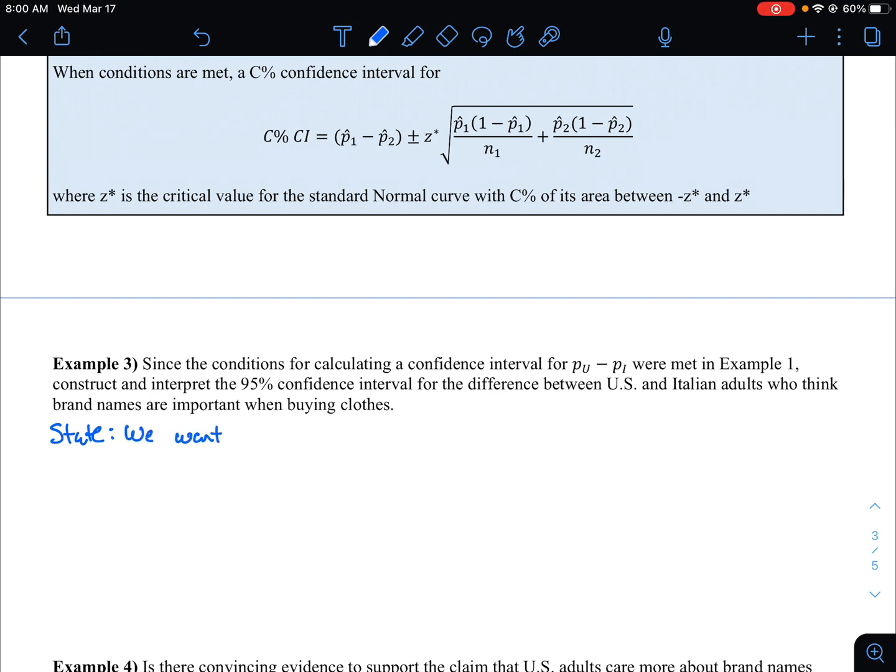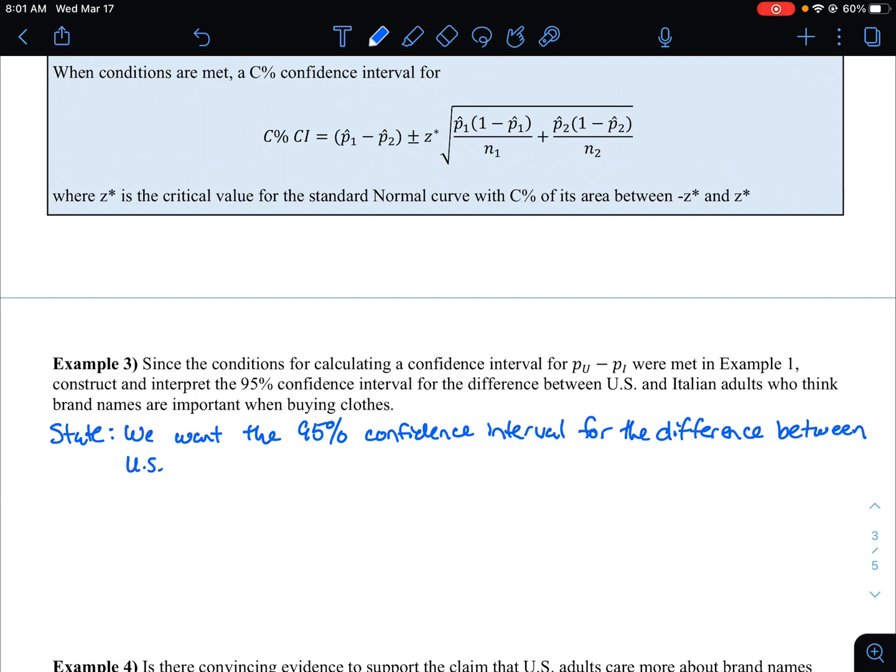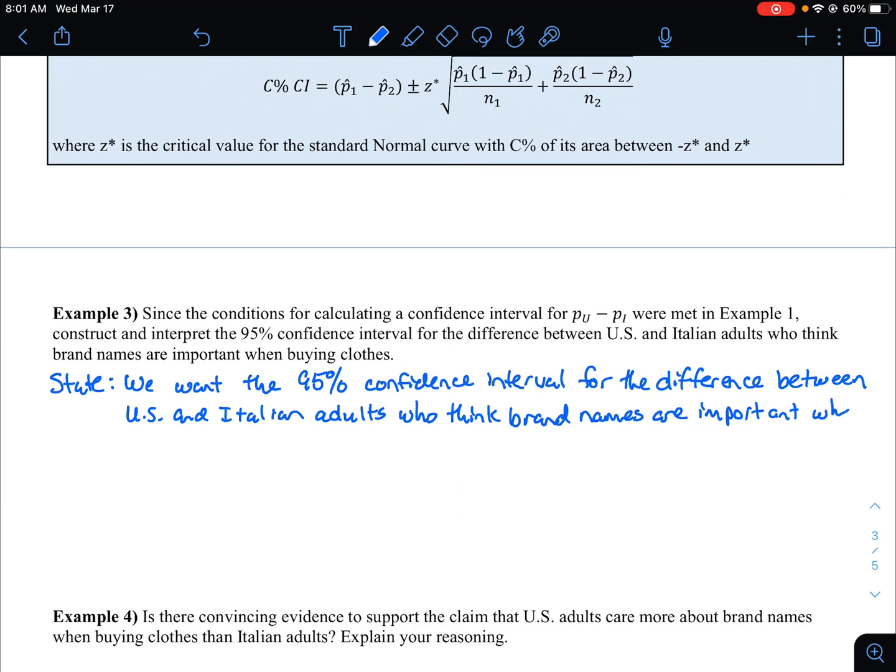And that would be, we want the 95% confidence interval for the difference between US and Italian adults who think brand names are important when buying clothes.